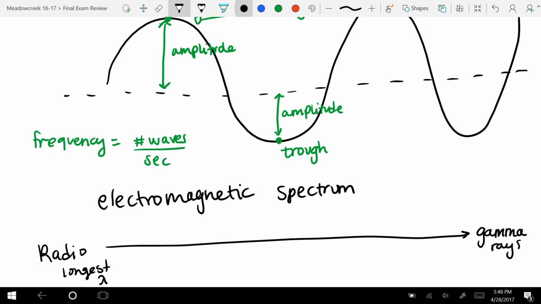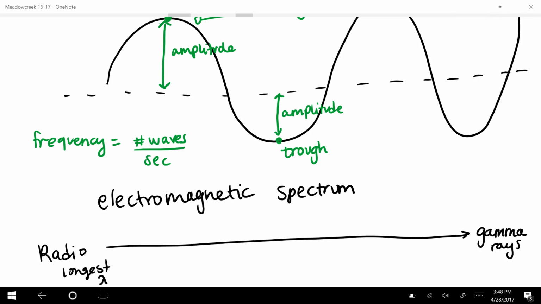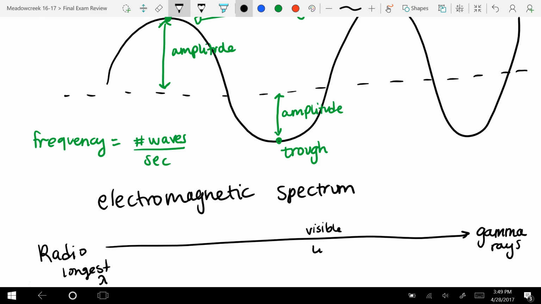Gamma rays have really short wavelengths, which means they have a very, very high frequency and very, very high energy. And visible light is kind of somewhere in here, and this is where you get all of your colors, Roy G. Biv. In between these, you have microwaves, infrared, ultraviolet light, so UV light, and X-rays in here too. Now, this is kind of just talking about how energy moves through all of that.